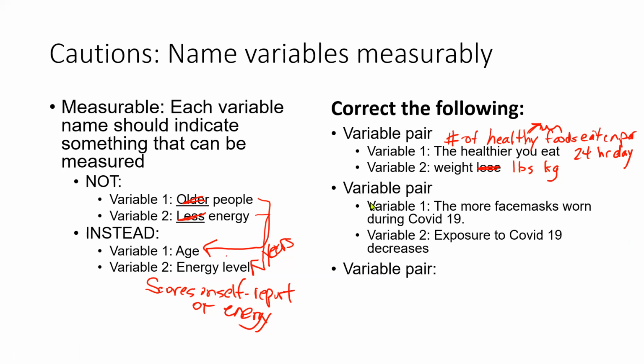What's the directional word that we should get rid of so that variable 1 is neutral? More. Let's just get rid of the more. All right. What's the directional word in variable 2? Decreases. So we'll get rid of both of those.